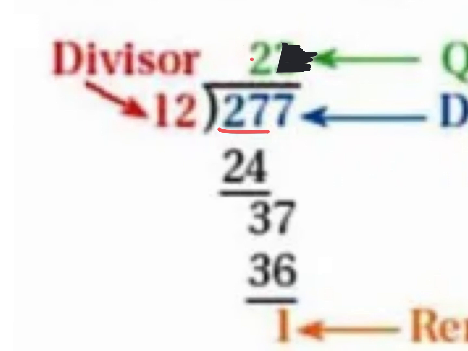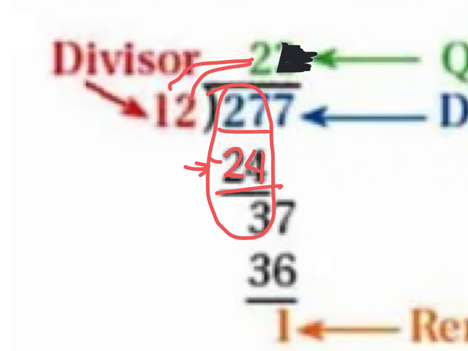You go 2 times the 12 is 24. Then you always do the opposite of this number right here. You might think of this as just subtracting, but that's a little overly simplified. You are doing the opposite of it, and you put these together and you get 3. And you bring down the 7, and now you have 37, and then you start the process over again. That's long division. I know it's been too long, so you should probably start with an easier one.